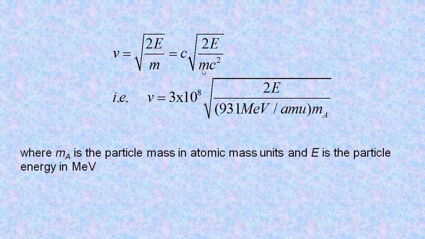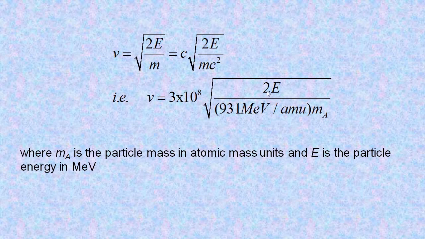And if you consider that m in atomic mass unit, or simply U, this energy will be in MeV. You can convert it to mega electron volt. So for that, now you are converting this mass into atomic mass unit.